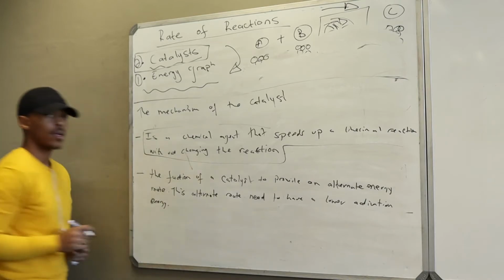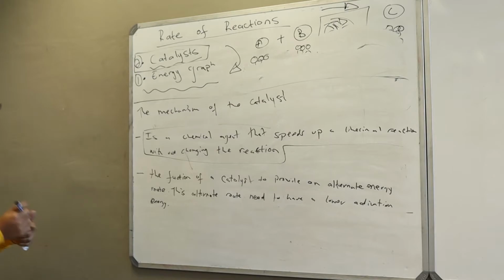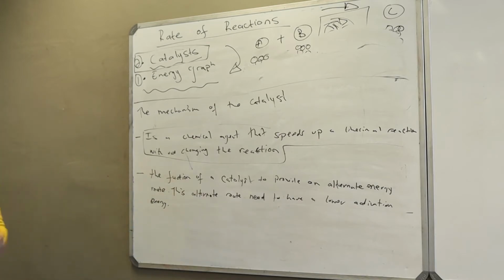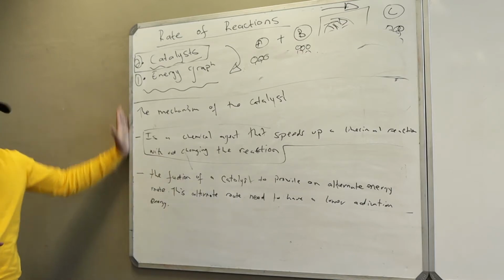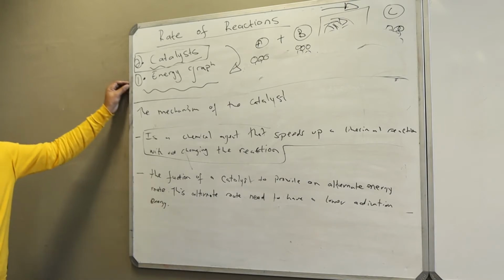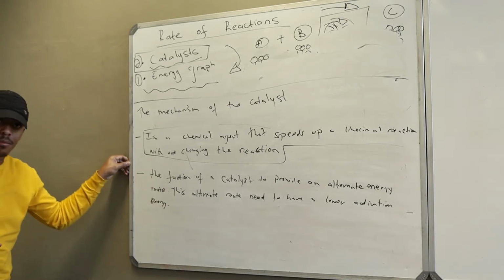Okay, so what a catalyst does, it speeds up a chemical reaction. Now remember something very important. What we're going to do is the catalyst, and then we're going to redo the energy graphs that we did previously.